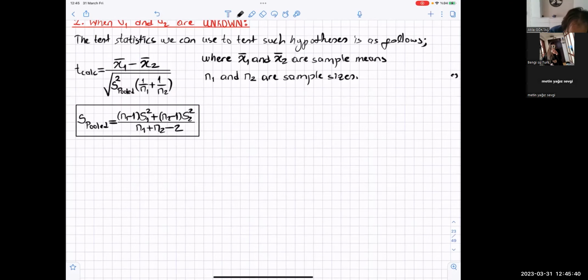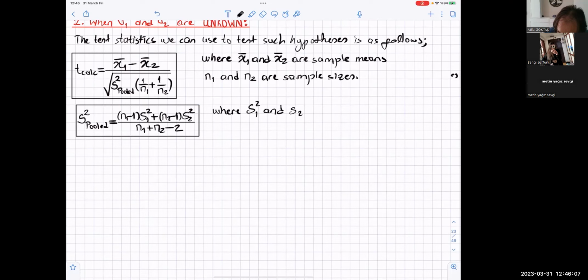Okay, this is the test statistic. Let me put it in a box. You use the pooled variance calculated this way, where s1 squared and s2 squared are sample variances.